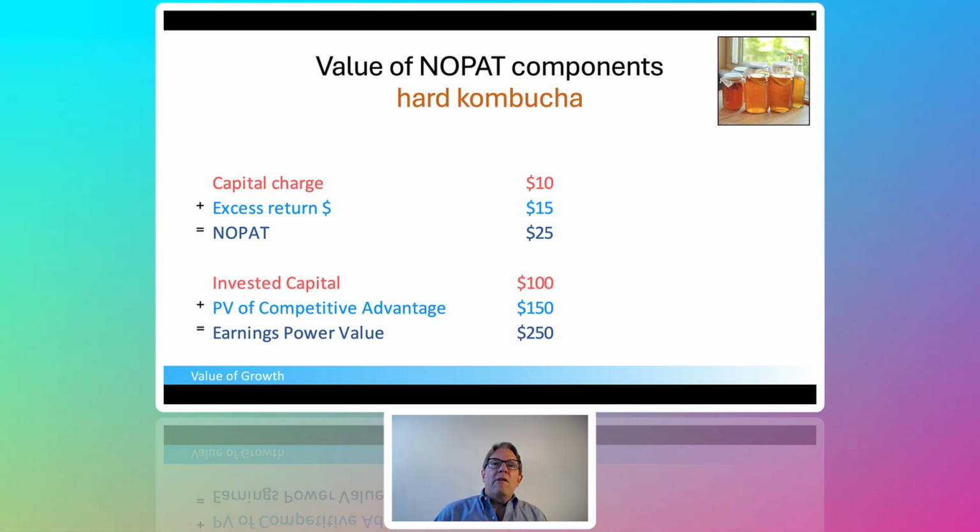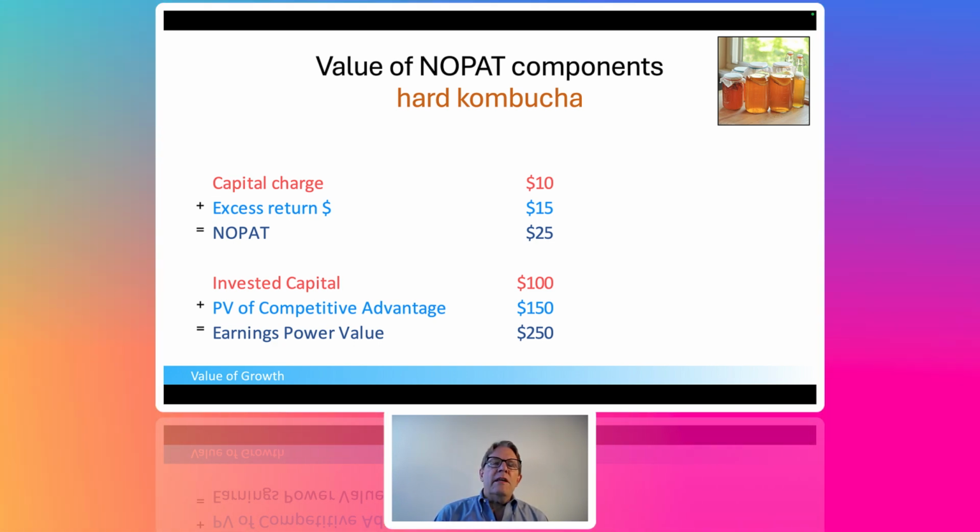We saw that in the energy drink example from last week, where the value of the NOPAT, the cash flows, the earnings power, was 80 million against an invested capital of 100 million, and that's because it only generated an 8% return on invested capital against a 10% cost of capital.